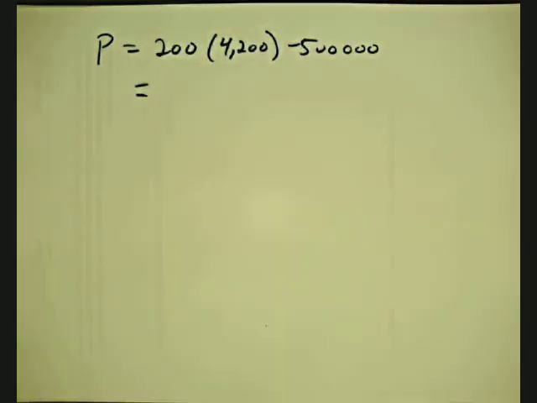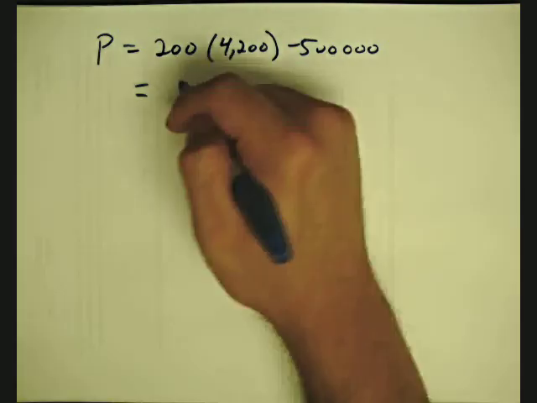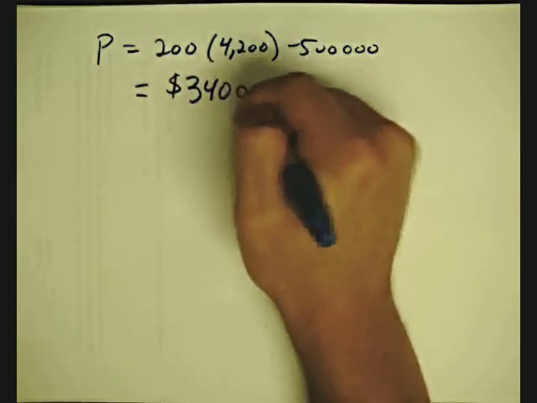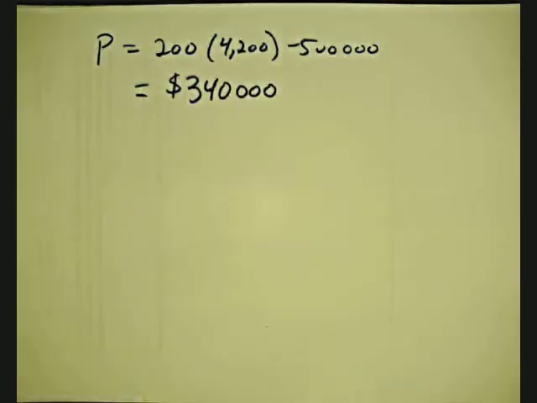So if you put that into your calculator, 200 times 4,200 minus 500,000, you get 340,000. So profit for selling 4,200 chairs is 340,000.